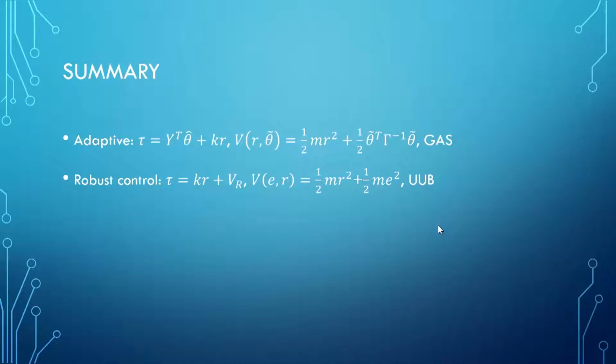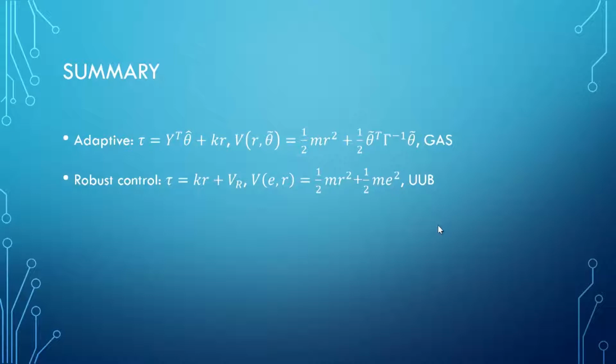For a summary, adaptive control, the control structure is this. Okay, and you need to estimate the theta hat based on the adaptive law. And the result will be globally asymptotically stable. And for robust control, VR is the robust term and KR is the feedback term.